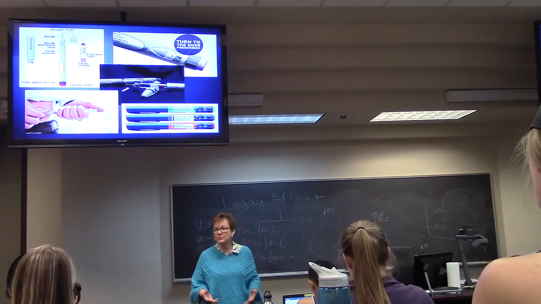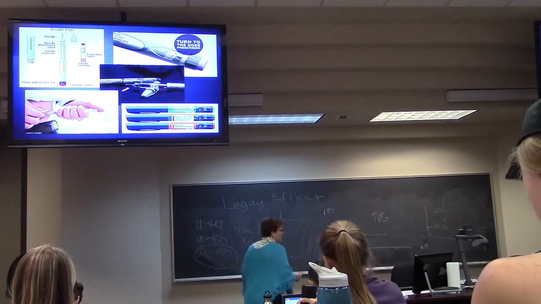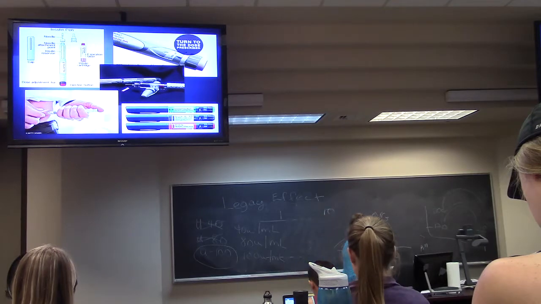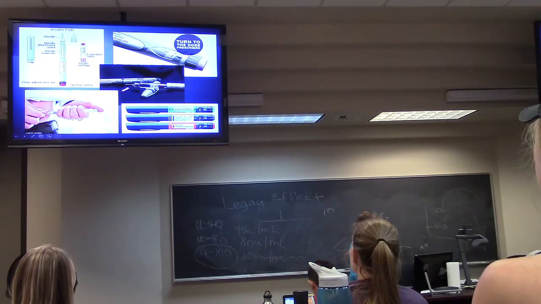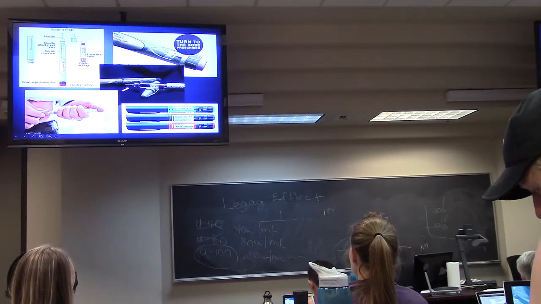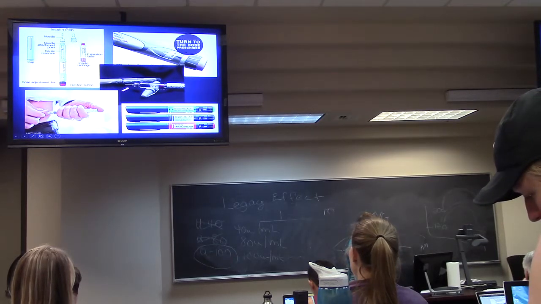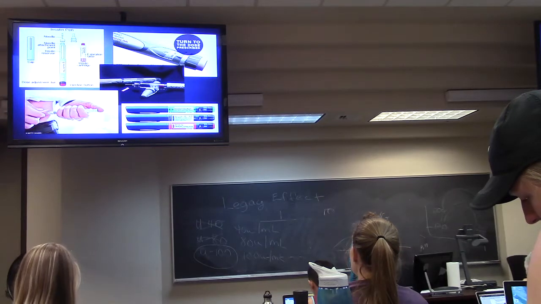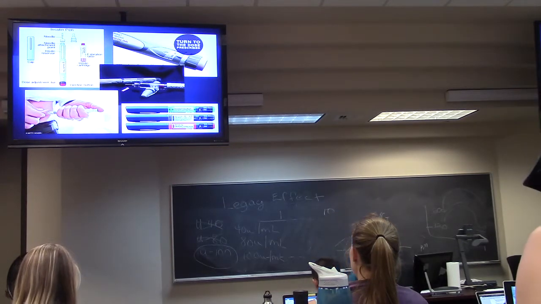These are disposable units. In a pen, everything's kind of together. There's a cartridge that holds the insulin, and it has a window so you can tell if it's clear, if it's cloudy, if something's floating in it. So you can inspect the appearance of the insulin.